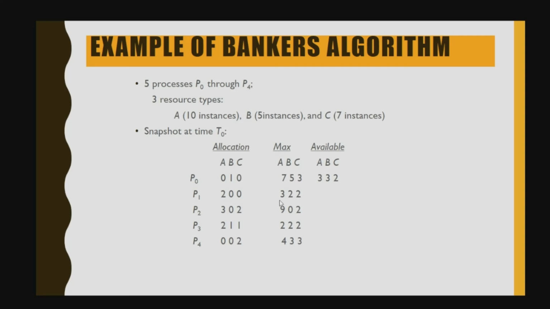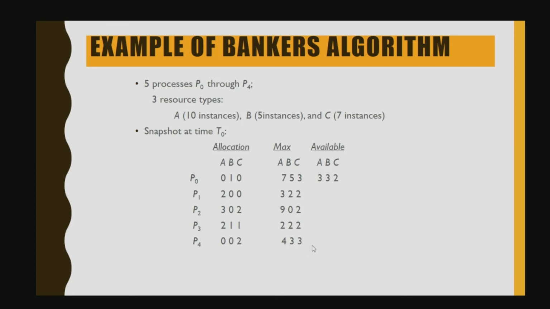For the maximum, 3 for A, 2 for B, 2 for C. Then for process number 2, we have 3 for A, 0 for B, 2 for C, and the maximum part is 9 for A, 0 for B, and 2 for C. For process number 3, we have 2 for A, 1 for B, and 1 for C, and the maximum is 2 for A, 2 for B, and 2 for C. Then for process number 4, allocation is 0 for A, 0 for B, and 2 for C, and the maximum is 4 for A, 3 for B, and 3 for C.